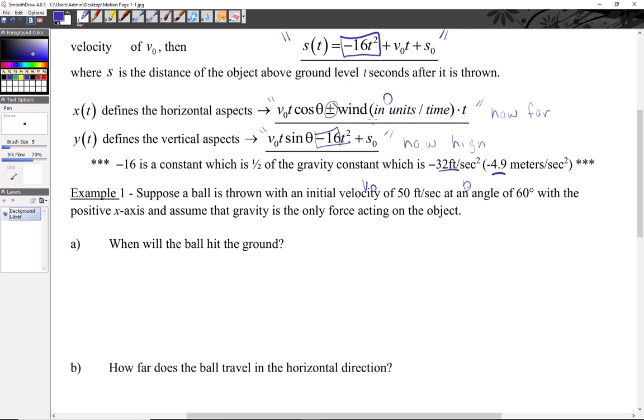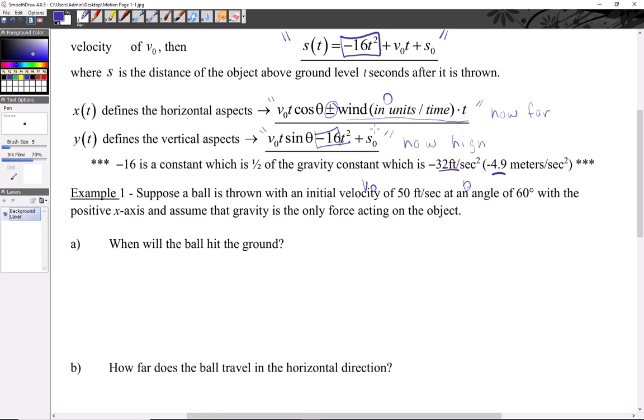If the wind is to your back and pushing you along, that would add distance, obviously, so then you'd have plus a certain amount per unit time times time. If this was a negative quantity, then you would have the wind at your face, and that would be pushing against you and slowing you down. All right, so that's that little extra coefficient that we're talking about if we have something acting other than gravity.